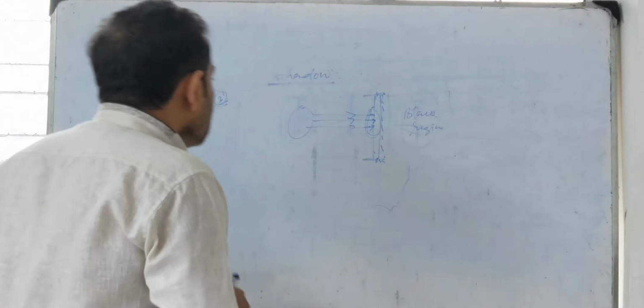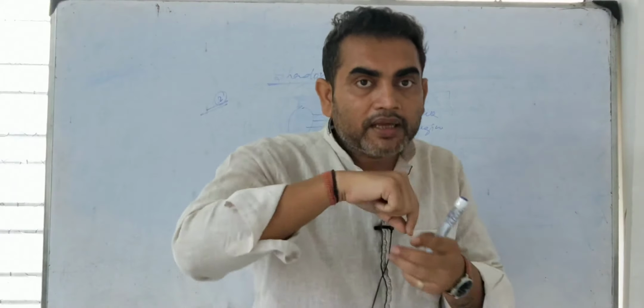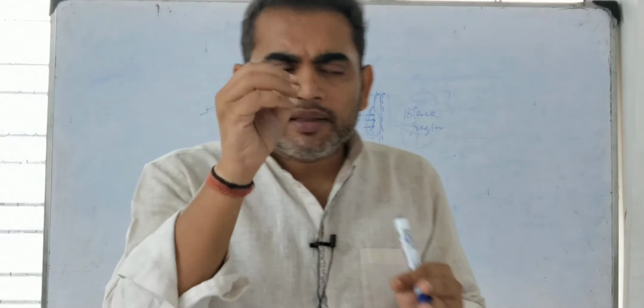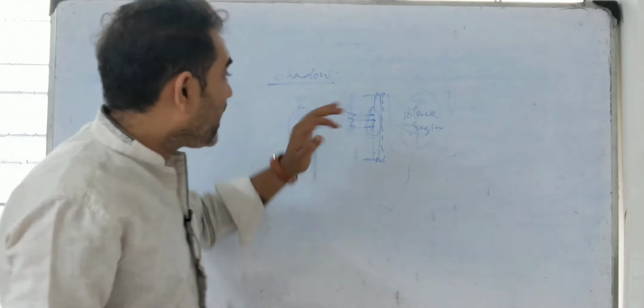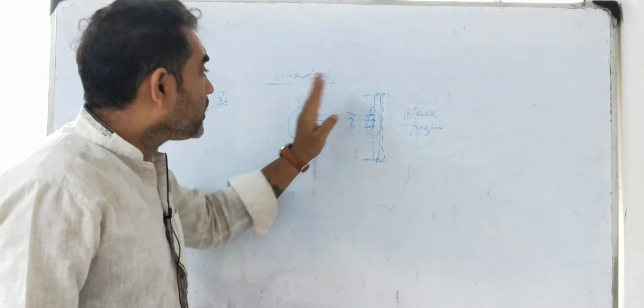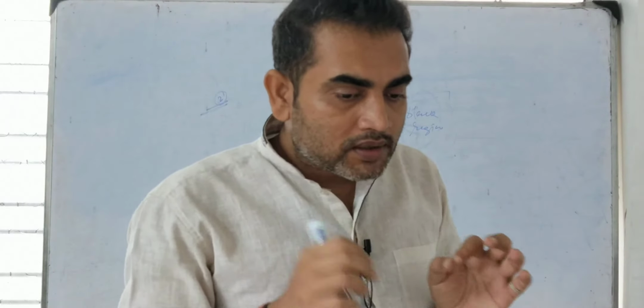So the definition, if you need to give the definition, what I am telling you, you will write that definition only: a black region formed behind an opaque object when it blocks the rays of light from a source falling on it is said to be a shadow.